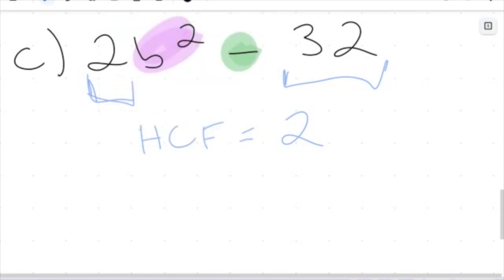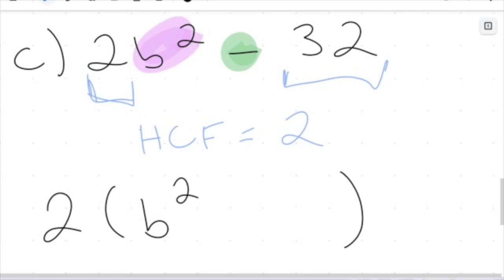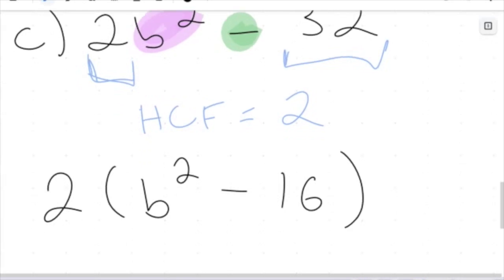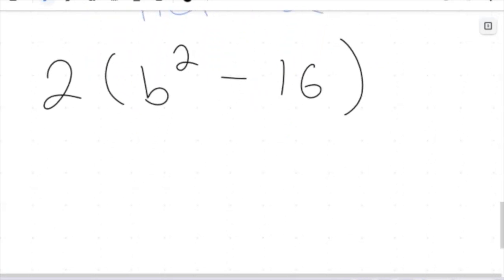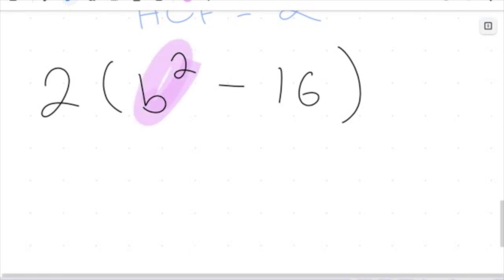So this is kind of like a double expansion. I'm going to pull out my 2, and what do I get left inside my brackets? Well, b squared gets multiplied by 2 to give me 2b squared, and I have a negative here. What multiplies by 2 to give me 32? 16. So by taking the 2 out, I have isolated my perfect square.